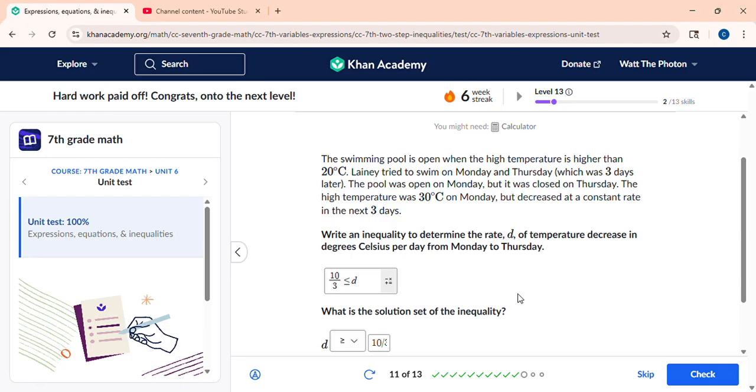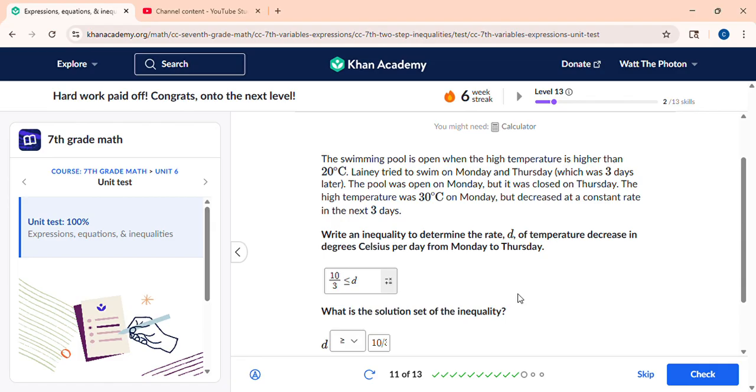The pool was open Monday, but it was closed on Thursday. The high temperature was 30 degrees on Monday, but decreased at a constant rate for the next 3 days. Describe the inequality from Monday to Thursday. So it was open on Monday but closed on Thursday, so it has to be less than 20 degrees.